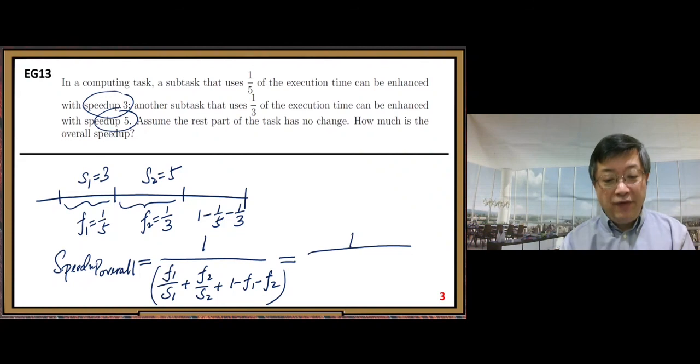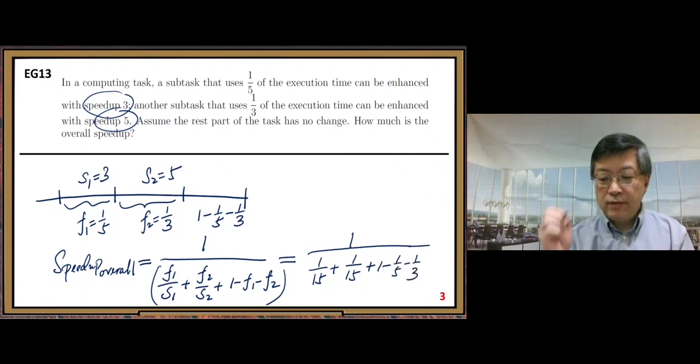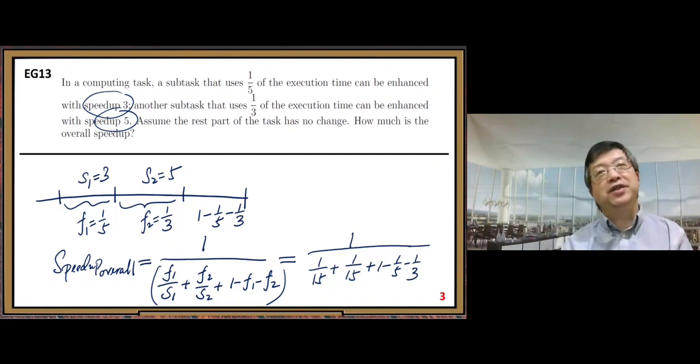F1, 1/5 over 3, so 1/15, plus F2, 1/3 over 5, another 1/15, plus 1 minus 1/5 minus 1/3. Then you do the calculation and you can get the answer. The calculation part is pretty easy.